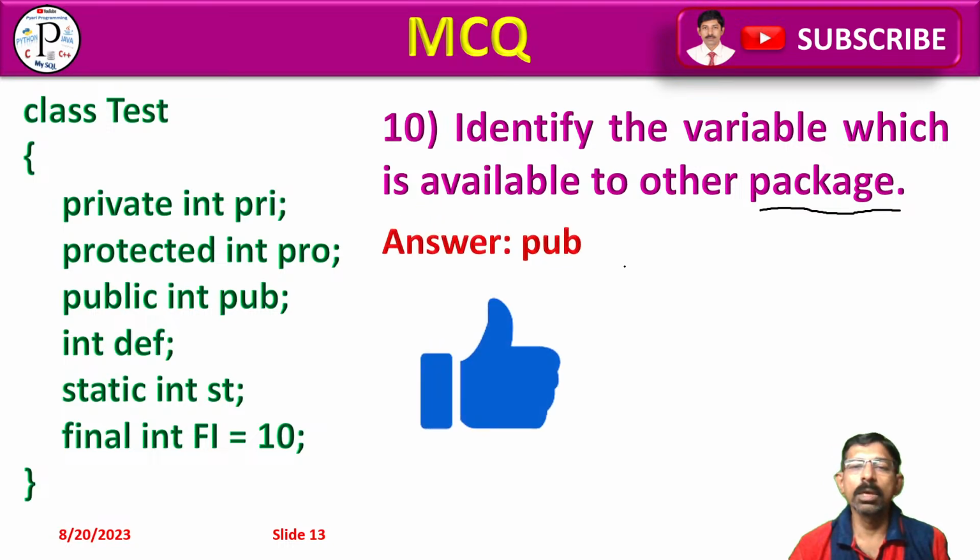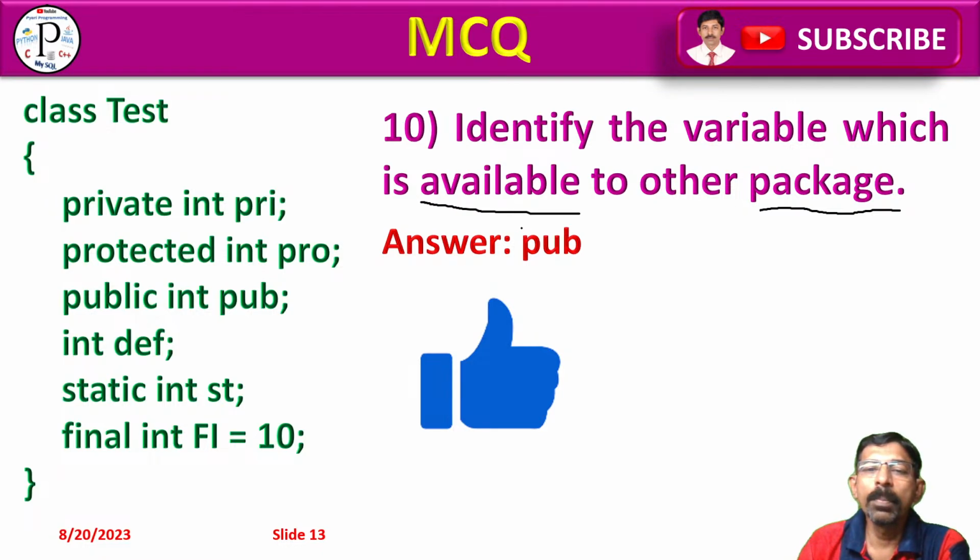Now the answer is: identify the variable which is available to other packages. So public will be available throughout the program, even if it is a different package. Private is not available. Protected is available only if it is derived, but nothing is mentioned here regarding the base class and derived class. So that's why it is also not possible.